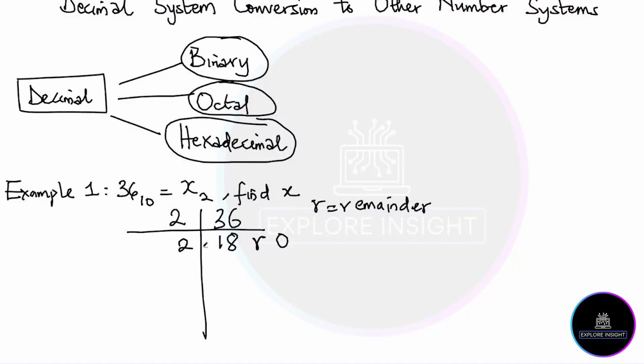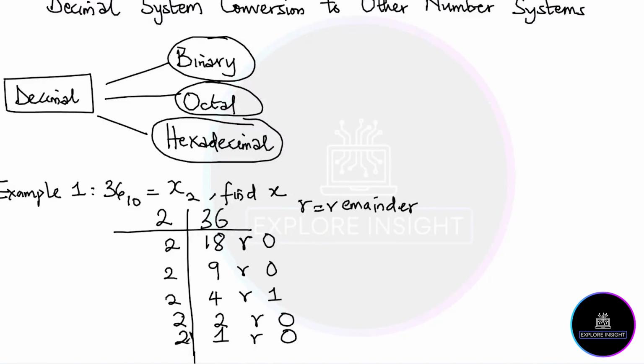Now, 2 into 18 will be 9 and a remainder of 0. 2 into 9 will be 4 with a remainder of 1. 2 into 4 will be 2 with a remainder of 0. 2 into 2 will be 1 with a remainder of 0. 2 into 1 will be impossible, so we write 0 with a remainder of 1.